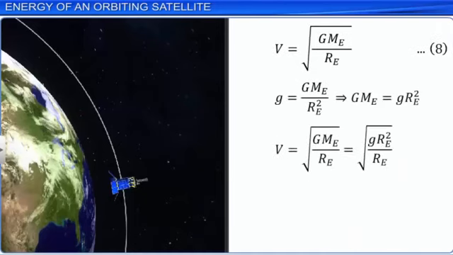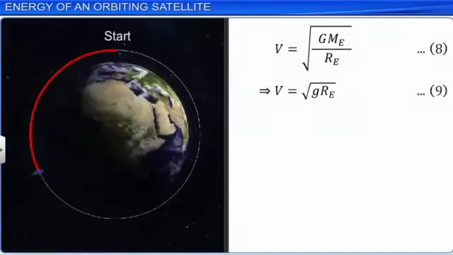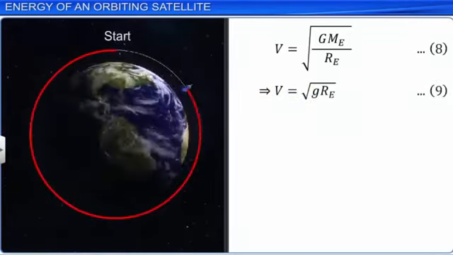The speed of the orbiting satellite can also be obtained using the relation between the time taken by the orbiting satellite in its orbit, T, also known as the period of the satellite, and the length of the orbit. As the orbit is circular, the length of the orbit is the circumference of the circle, 2 pi RE.